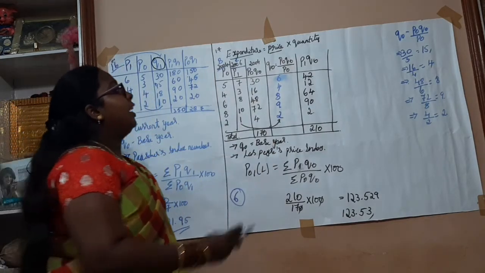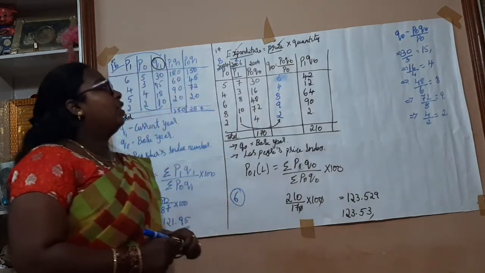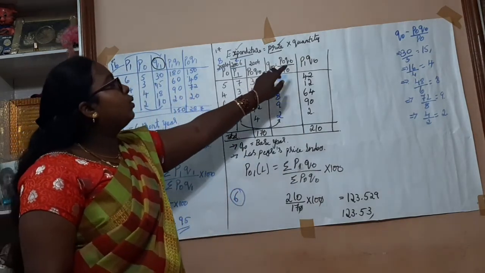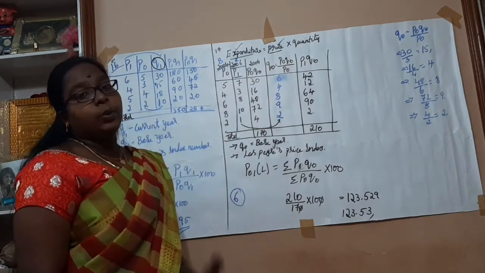So we have here expenditure and price. We need to find out quantity. So quantity is equal to total expenditure, that is, expenditure divided by price. You will get your quantity.